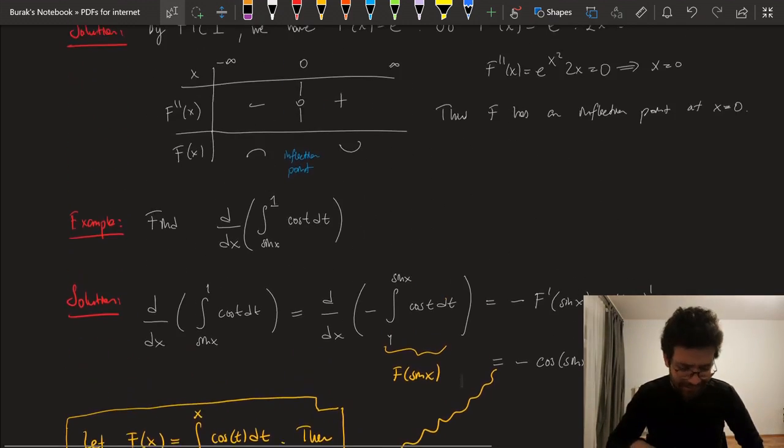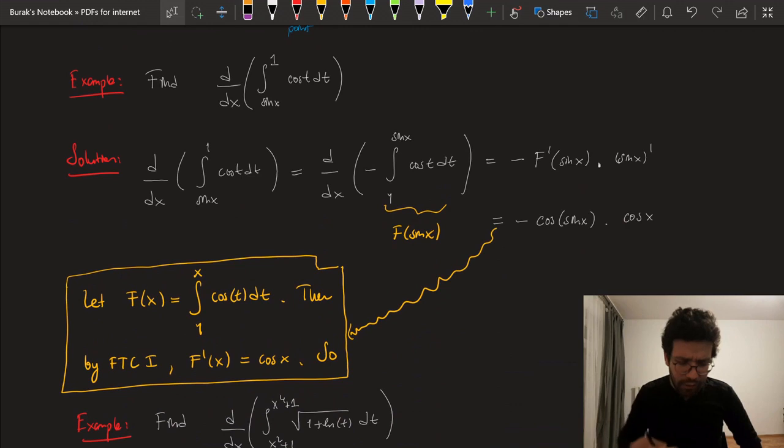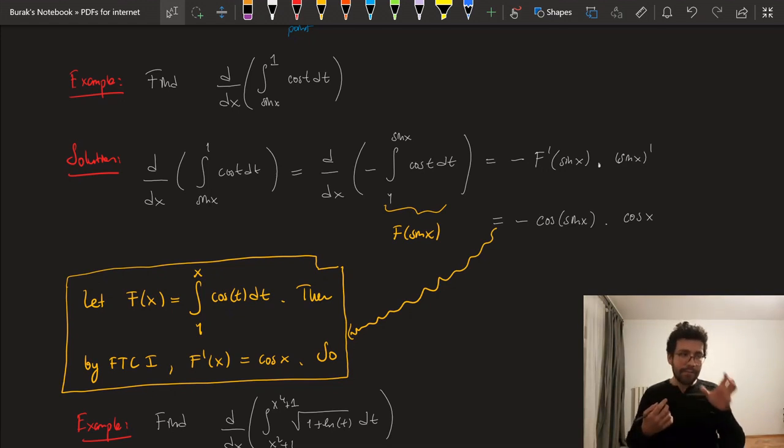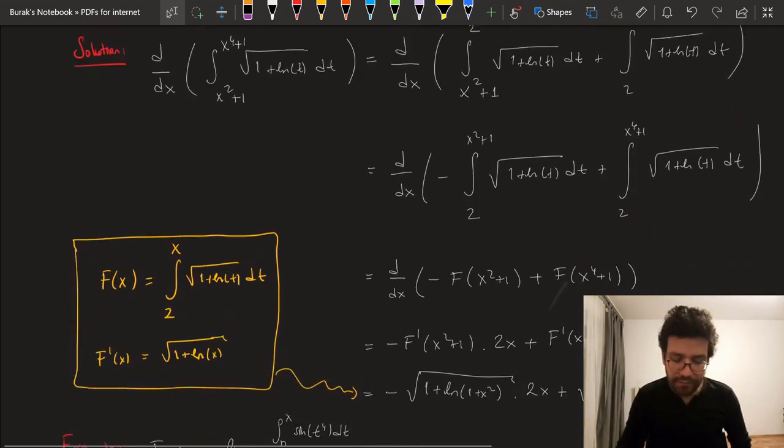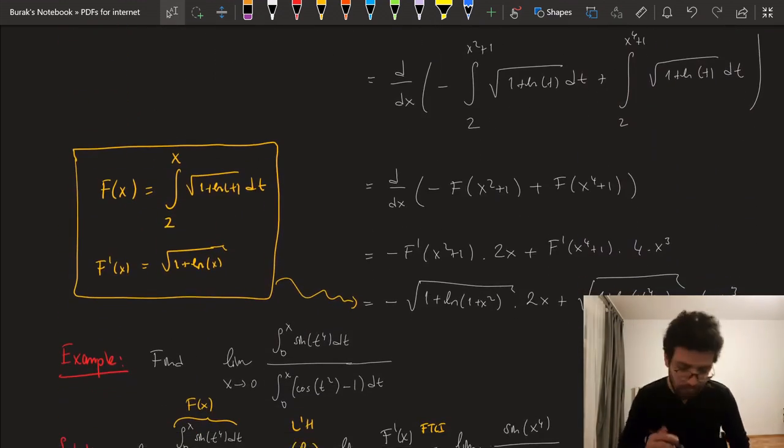Anyway, in the last two questions, we needed to differentiate again functions that are defined in terms of definite integrals, but their forms did not completely align with what we have in the fundamental theorem of calculus. So we did these tricks to be able to apply the fundamental theorem of calculus, and then it worked out.